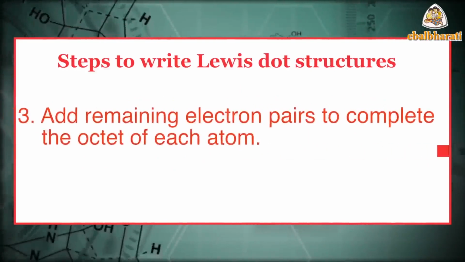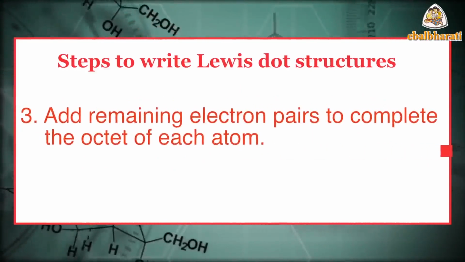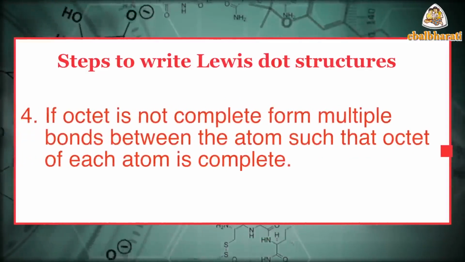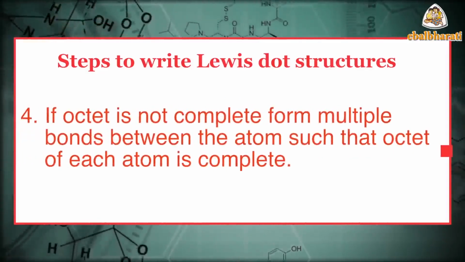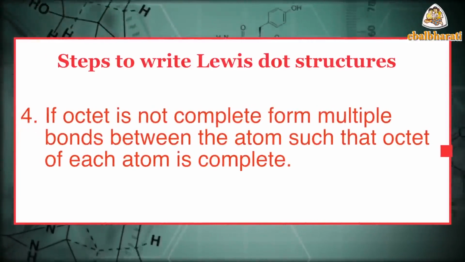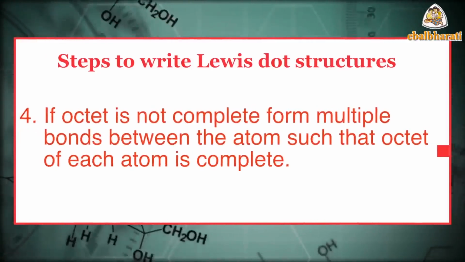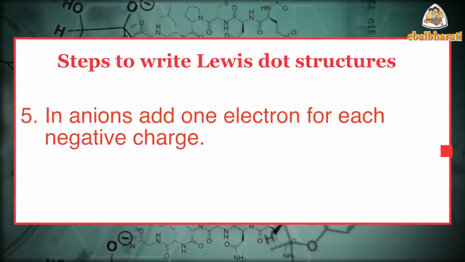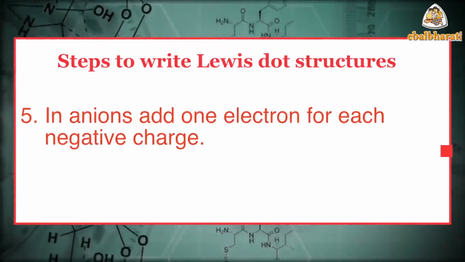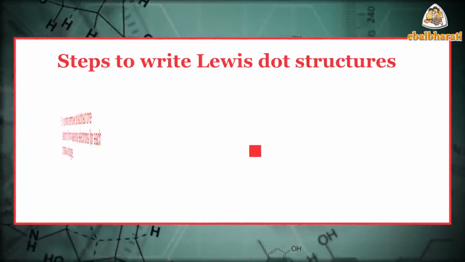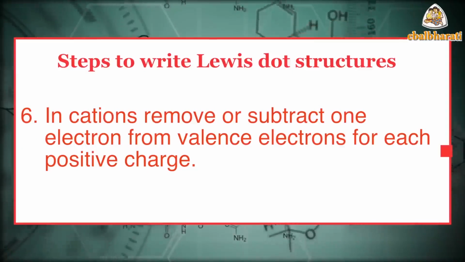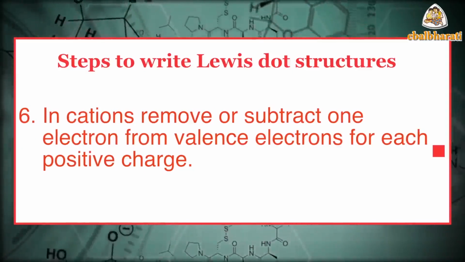Add remaining electron pairs to complete the octet of each atom. If the octet is not complete, form multiple bonds between the atoms such that the octet of each atom is complete. In anions, add one electron for each negative charge. In cations, subtract one electron from the valence electrons for each positive charge.